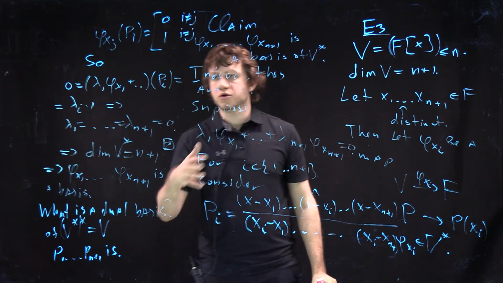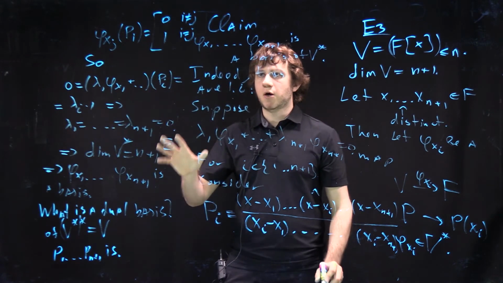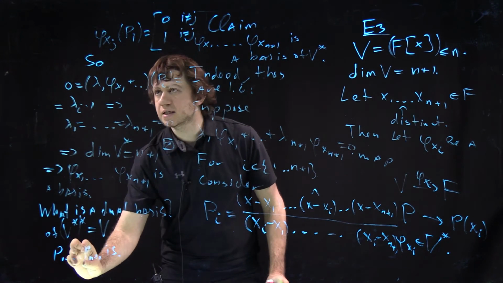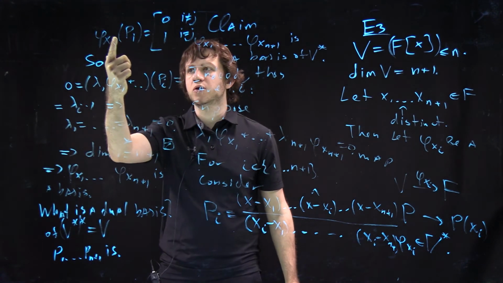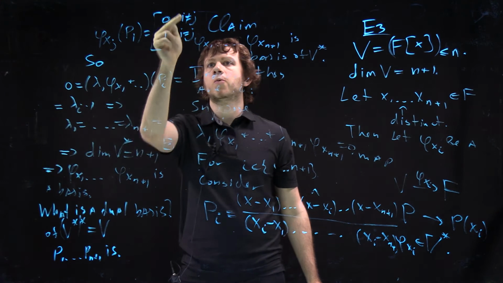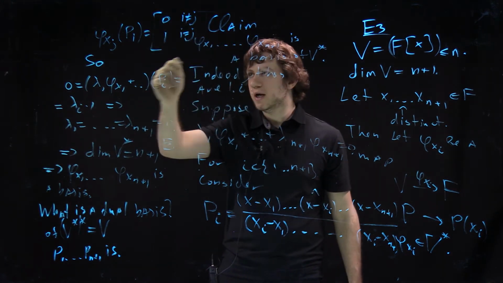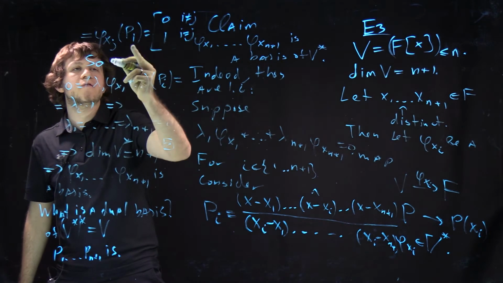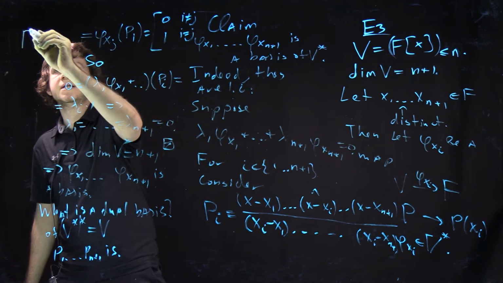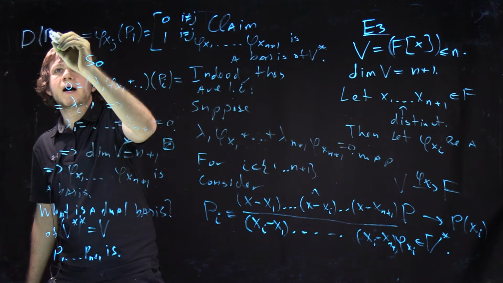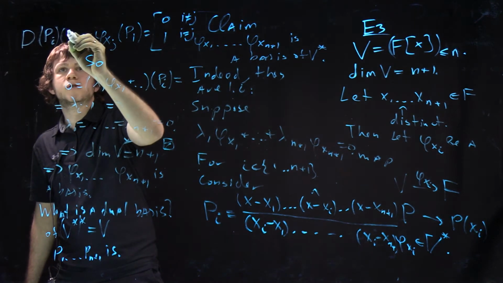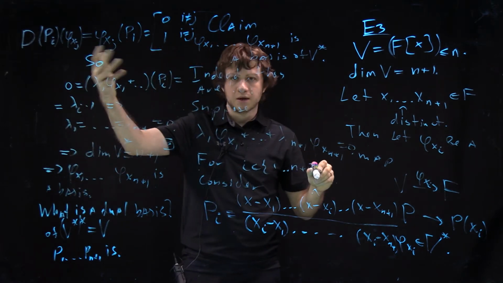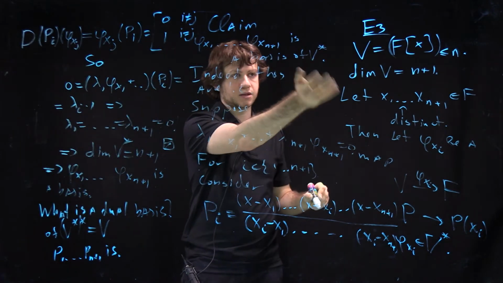And the reason is because, remember, for the dual basis, what you need to do is take a vector in the dual basis, apply it to an element of our basis, and get 0 or 1 depending on whether the numbers agree or not. And this is exactly what you do, because if you think about this phi_xj of p_i, this is nothing but d of p_i applied to phi_xj, in the notation of the previous theorem.